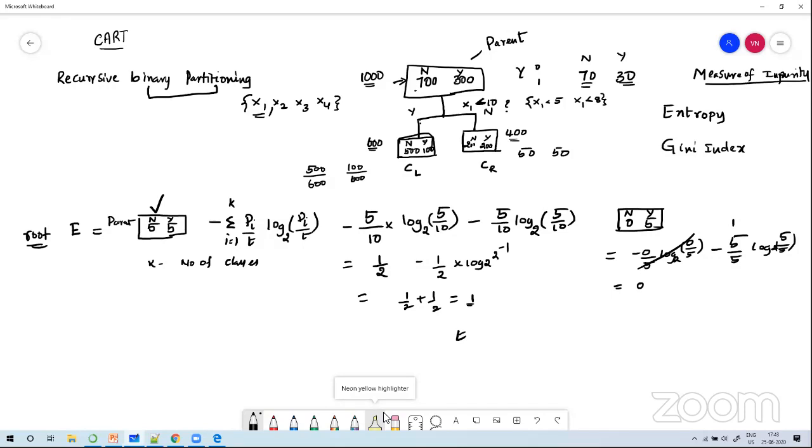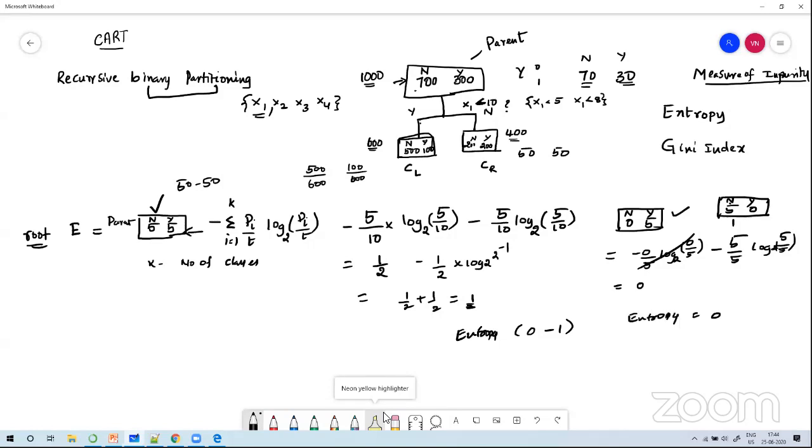So entropy is going to take values between 0 to 1. For an impure node, when it is 50-50, it is going to take a value of 1. When it is a perfectly pure node, either like this or like this, 5 for no category and 0 for S category, for both the cases, your entropy will be 0.